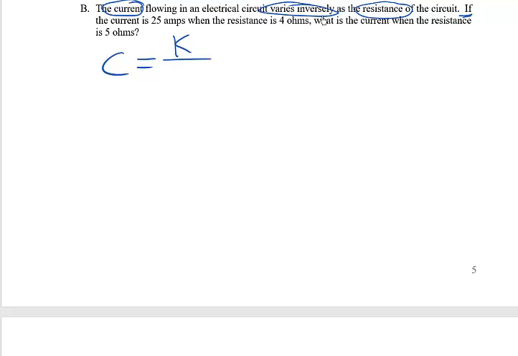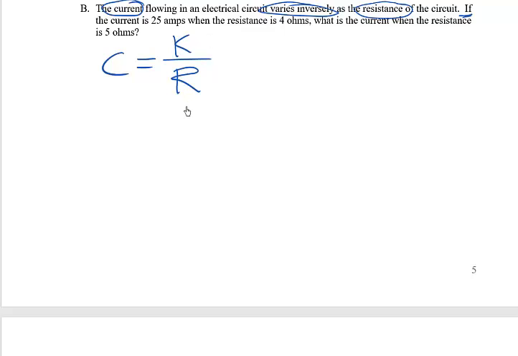What's the second variable? It varies inversely as the resistance, my R. If it had said varies directly, then I would have done C equals K times R. Just go with whichever one is being mentioned. That's the end of step 1. There's my general equation of variation.